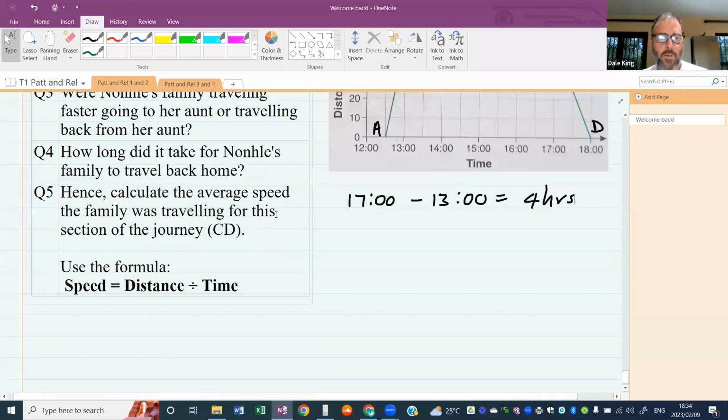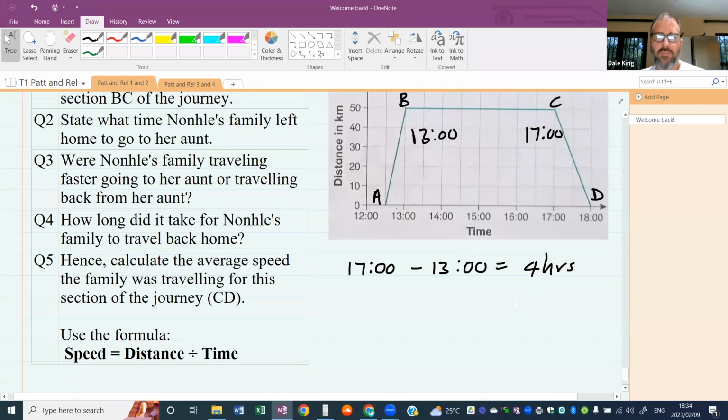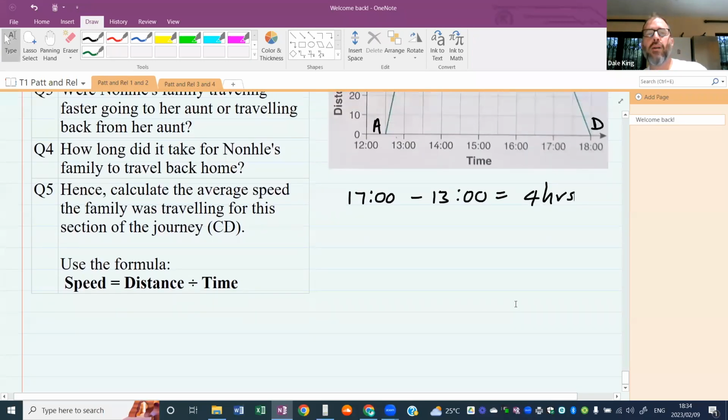Now, I don't know if you guys remember the measurement section. There was one lesson we did there where right at the end of the lesson, we came with a speed equals distance over time question, which was when we were doing time.